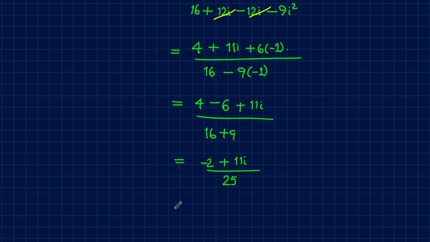Maybe making them in terms of A and B, because the question wants us to get our answer in the form of A plus Bi. So separating the two, we had -2 over 25 plus 11 over 25i. And that becomes our answer.